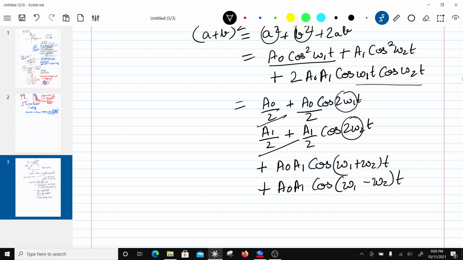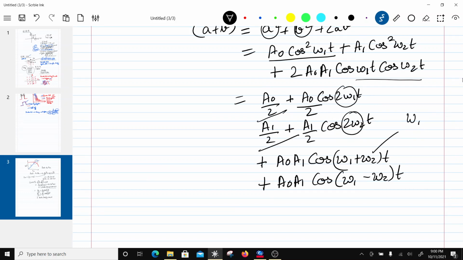So you have generated again something close to second harmonic. Let's say omega 1 was approximately equal to omega 2. Then what you have generated here is anything close to second harmonic, and here you have generated anything close to DC. Omega 1 minus omega 2, if they are approximately equal, then this term will be DC.